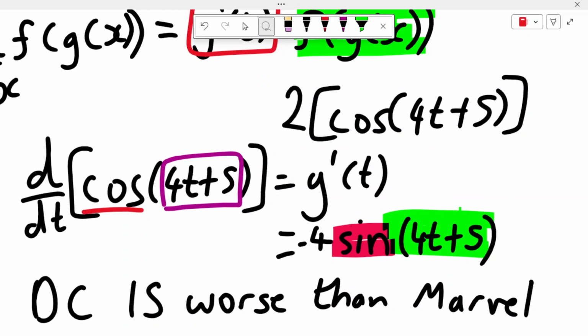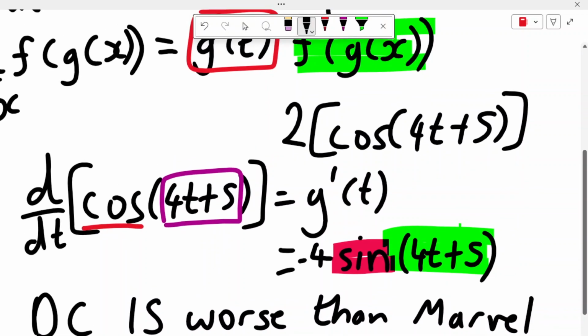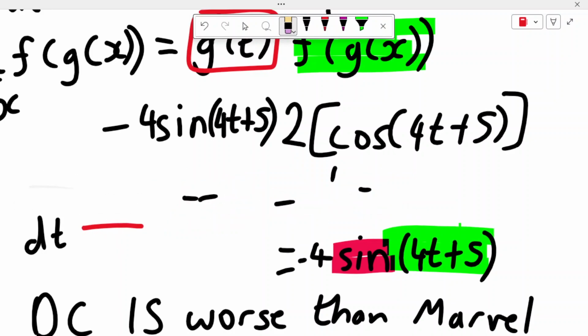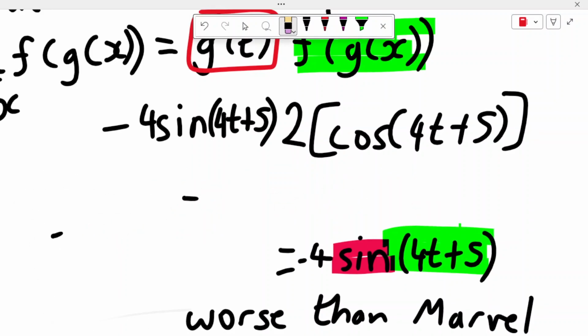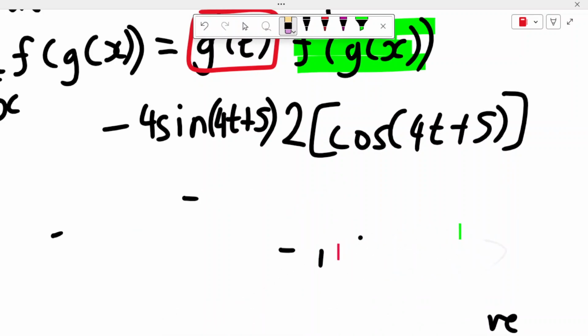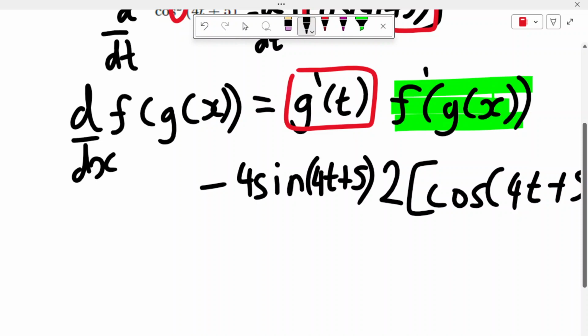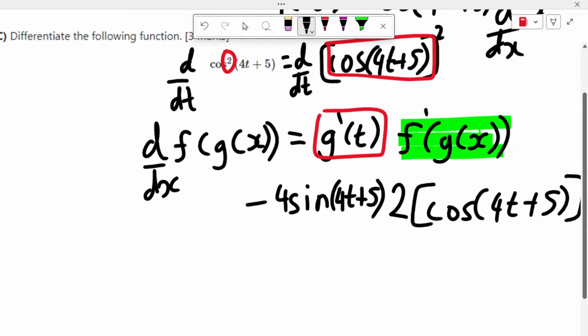So now putting it all together, we can write the final answer as minus 4 sine(4t plus 5) multiplied by all of this extra stuff. Okay, so this is our final answer, and we can simplify it a bit further. This is a non-calc question, so we can simplify this one a bit further.